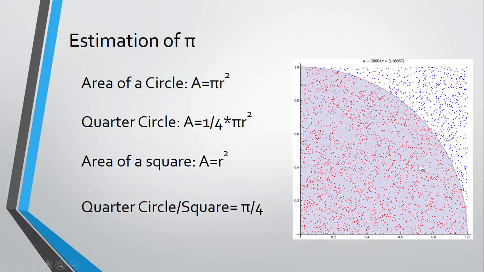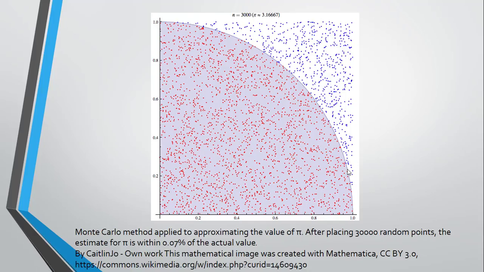We can use hundreds of thousands of dots, millions of dots, tens of millions of dots if you want. Then we can count how many are in the square, which represents the area of the square, and how many are in the quarter circle, the red dots versus the blue dots. By using a random system of Monte Carlo simulation, you can estimate pi.